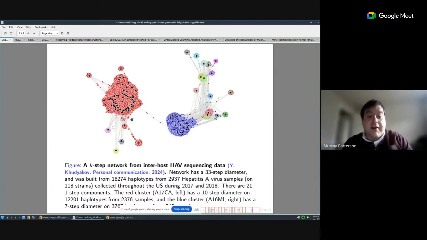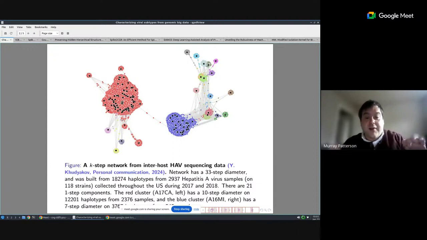Technically, a K-step network is a union of all spanning trees of a graph, and basically the graph is such that each haplotype, each viral haplotype, is a node in this network, and two nodes are one-step neighbors if the Hamming distance is one, and two-step neighbors if the Hamming distance is two, and so forth.